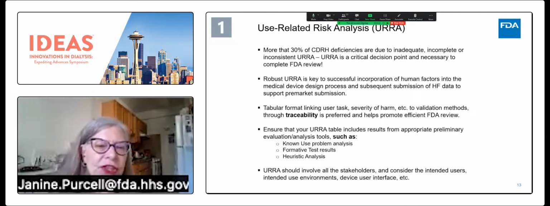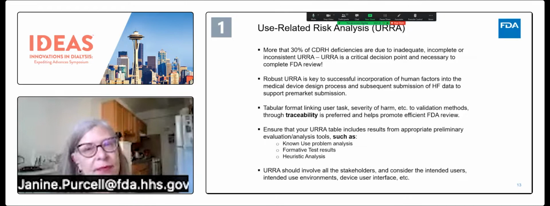And you want to make sure that you're including all the stakeholders involved in the device, all the intended users of the device, what they do with your device, the environment, and how it can influence the occurrence of use errors. And again, that training, which is very, very important, obviously, with dialysis technologies.